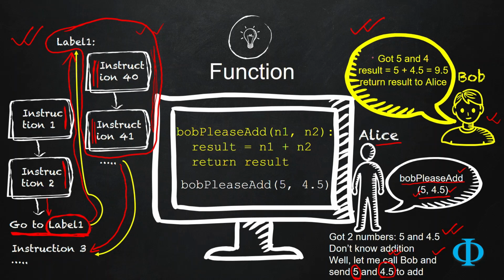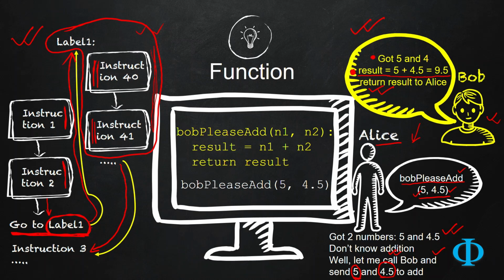Bob got those two numbers first, and then Bob calculated the result here, because Bob knows how to add. So Bob just added two numbers, that is 5 plus 4.5, and got the result 9.5. And then Bob just returned the result back to you. So you pass the two numbers to Bob and Bob returned the result back to you. So that's exactly what happens in a function also.